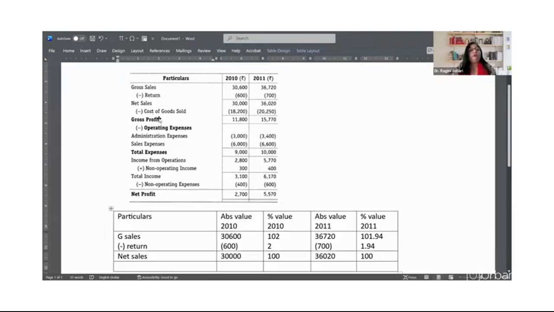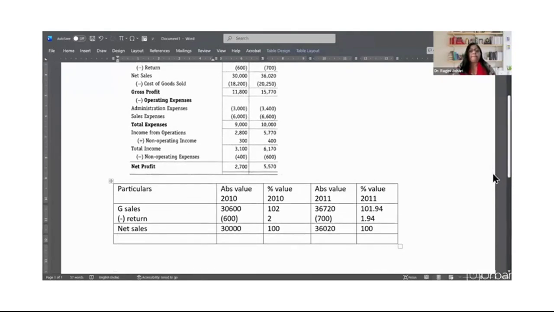Then we need to subtract the cost of goods sold. And once we subtract this cost of goods sold, what do we find? We find the gross profit.